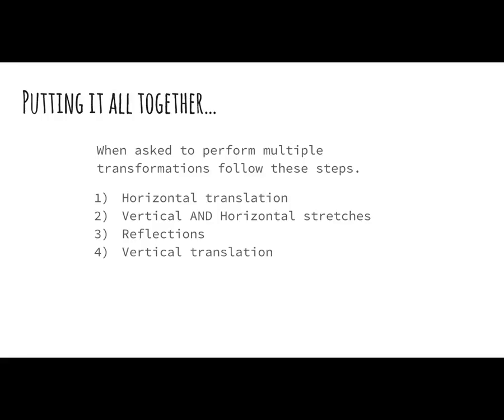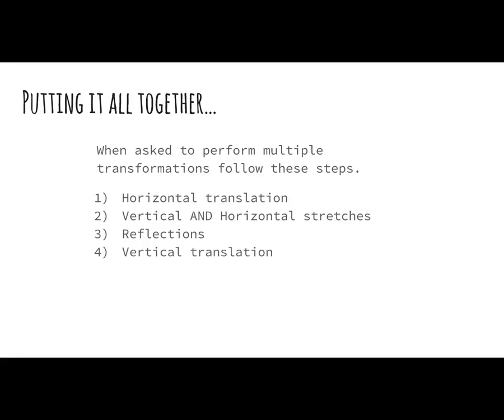So stretch it or shrink it. I think you could do the reflection in the same step, but if you want to slow it down to be less confused, then do the reflections in step 3. So after you shift it left or right, and stretch or shrink it, then flip it over if there's a reflection.